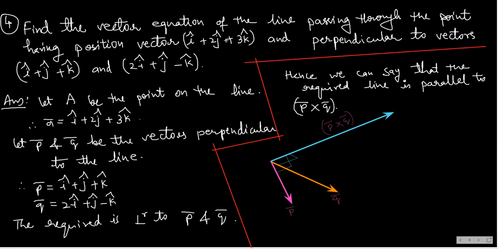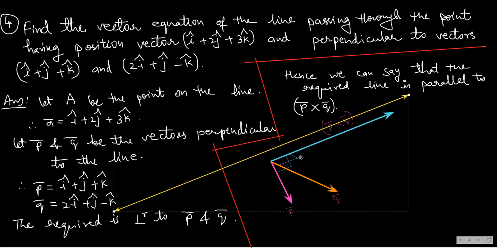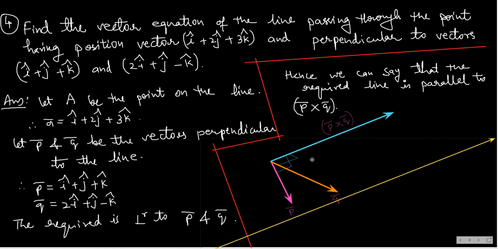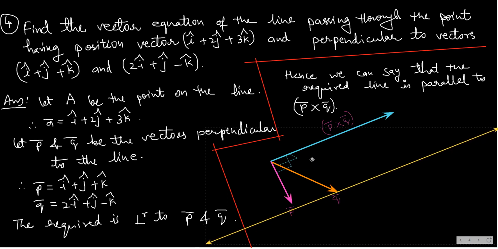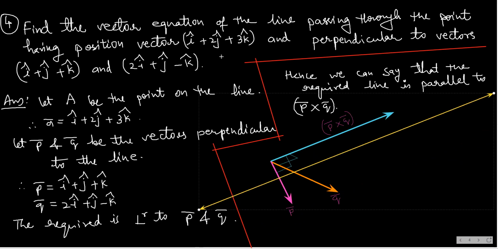The required line will be in the direction of P bar cross Q bar. See, this is how your required line will be. The required line is parallel to P bar cross Q bar.